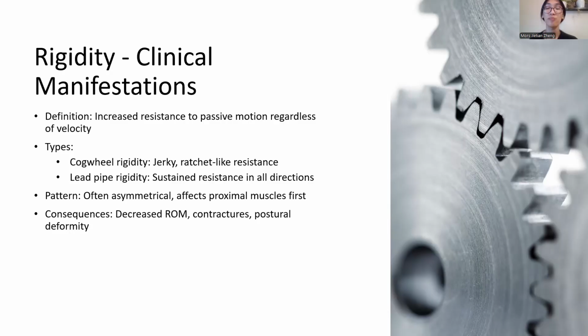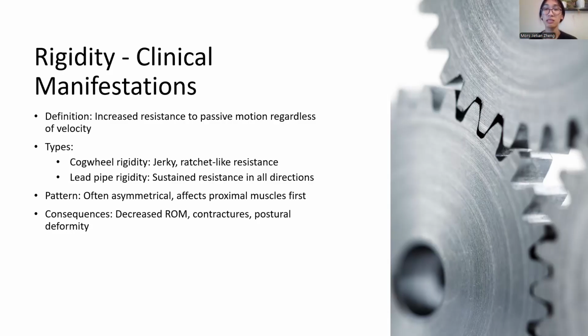We recognize 2 main types: cogwheel rigidity, which has a jerky, ratchet-like quality that occurs when tremor is superimposed on an increased tone, a little bit more rigid; and lead pipe rigidity, which is sustained resistance in all directions without fluctuations.